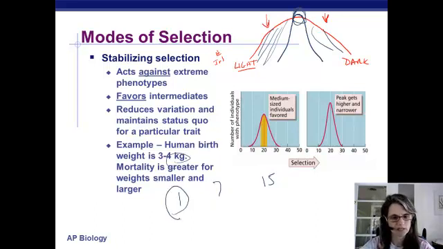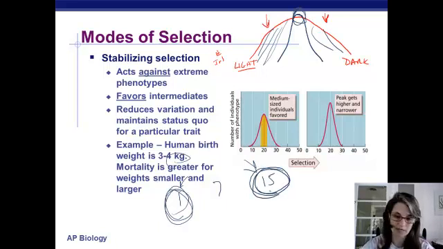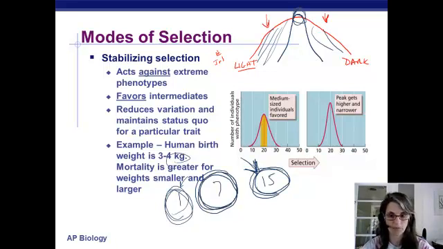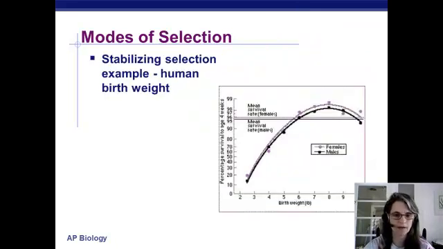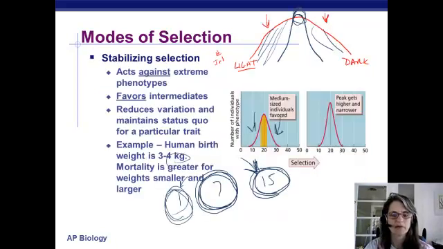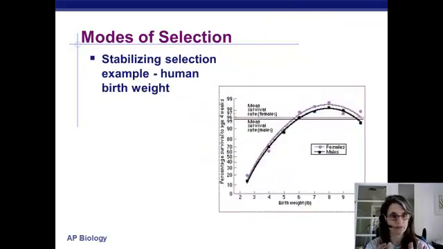Because this is very dangerous for the baby, this is very dangerous for the mother. Natural selection acts against this. Babies that are this weight usually don't survive. Babies that are this weight may not survive, or certainly they wouldn't have used to, because the mother wouldn't survive childbirth well. Natural selection pressure is for this birth weight child. It's going to eliminate the extremes. Okay? So that is an example of stabilizing. We're going to shoot to the middle.